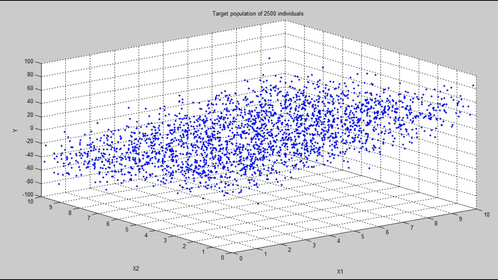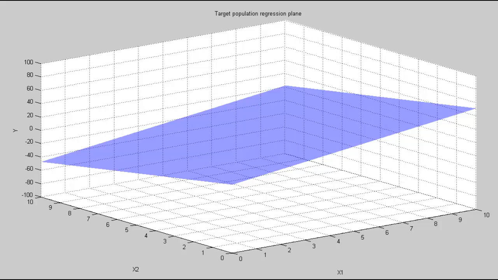Let's just keep the blue structural portion of the target population here, and then we will be able to see how closely the structural portion of the model in our sample of 10 individuals matches what we're actually trying to see, which is this blue structural portion of the data generating process in the underlying target population.